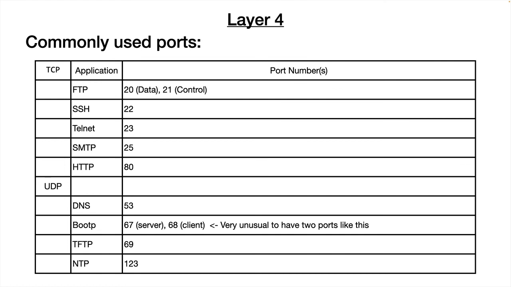Whoever wrote this used 1 port for the server and 1 for the client. And it is very uncommon to split that. So I would maybe chalk that up to they were in the learning phase of this. So again, here's some example port numbers and probably port numbers that you will need to be familiar with.